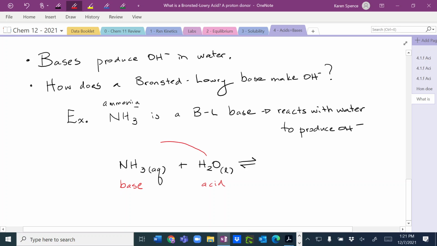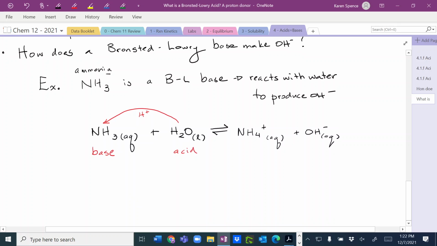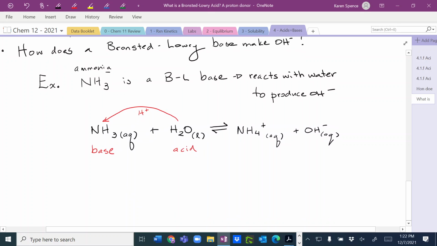So the hydrogen is going to move from the water to the ammonia. And what will our products be? NH4 plus and OH minus. In our reverse reaction, tell your partner, who is the acid and who is the base in the reverse reaction?